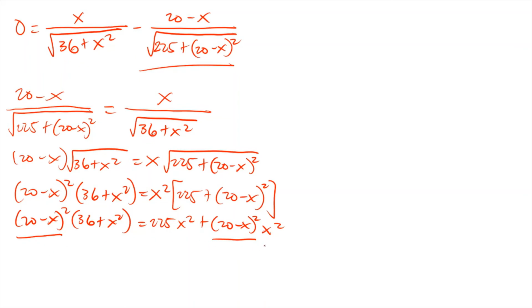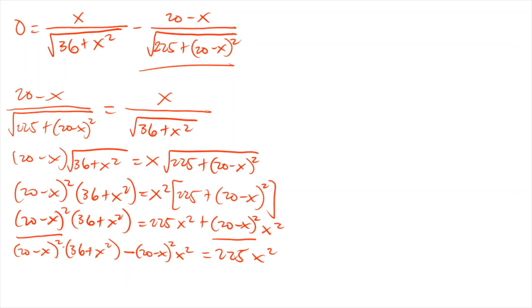So if we transpose this term, for example, to the left side, we'll get what? 20 minus x squared times 36 plus x squared minus this term, so 20 minus x squared times x squared, equal to 225x squared.